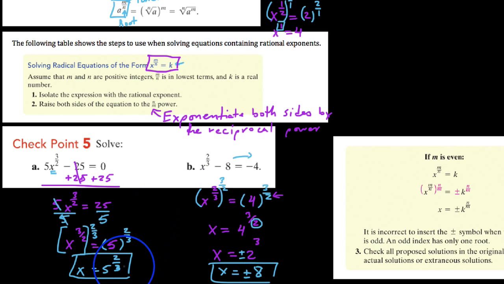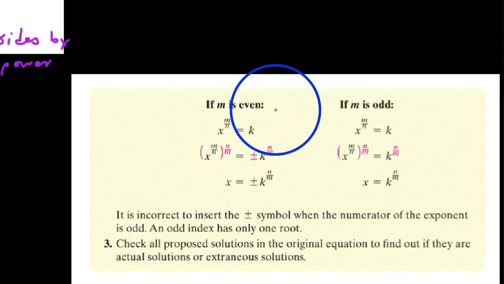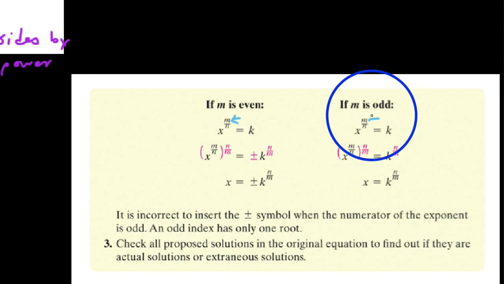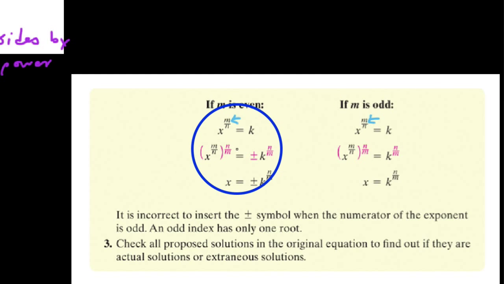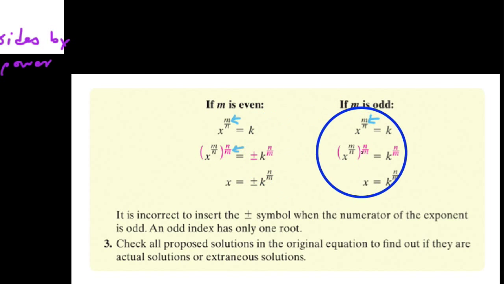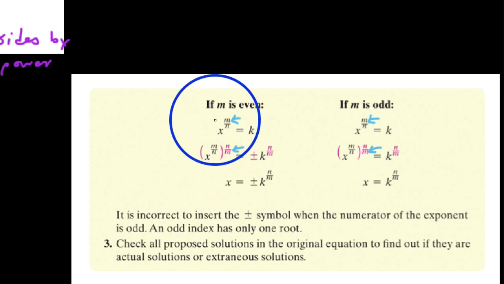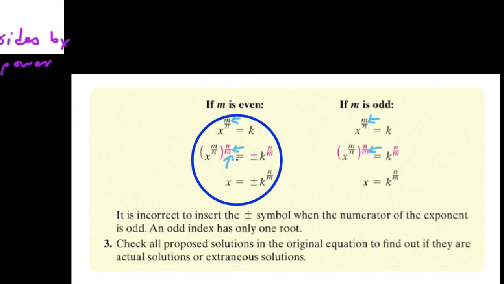So the last comment I want to make on this video is essentially this. If we're going to raise both sides to the n over m power, so we say if m is even or m is odd, where m is the denominator of this exponent, which means that when we exponentiate both sides, it'll be the denominator value on that reciprocal exponent. The idea is this. If m is even, what we're saying is we're taking an even root.